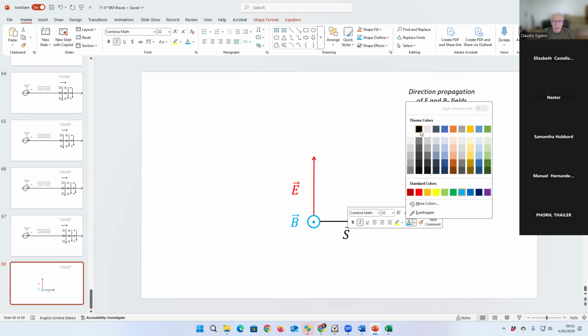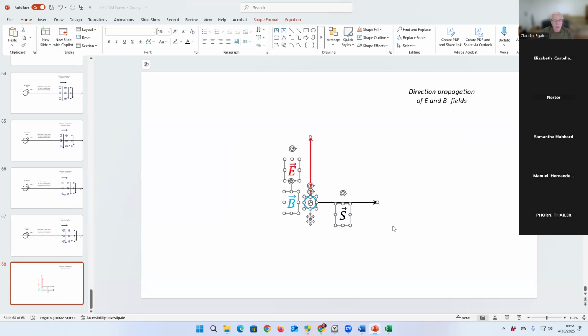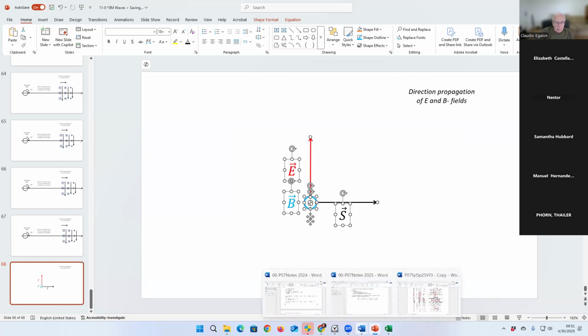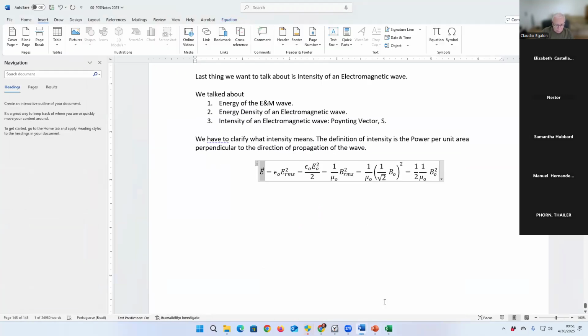And note that it is going to be E cross B, right? If you apply the right hand rule, when we orient the palm of our hand in the direction of the electric field and curl the hand towards the magnetic field, the right thumb points in the direction of the propagation of the wave. That's what you have to know. We usually represent that by a cross vector cross.